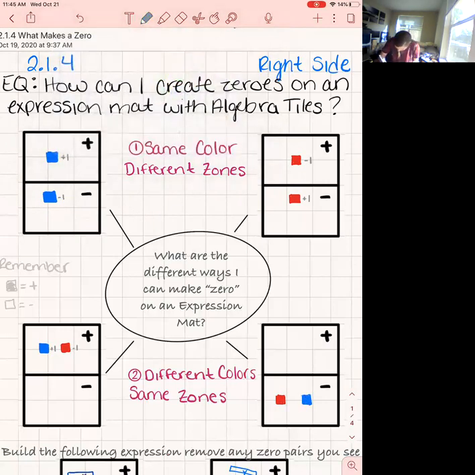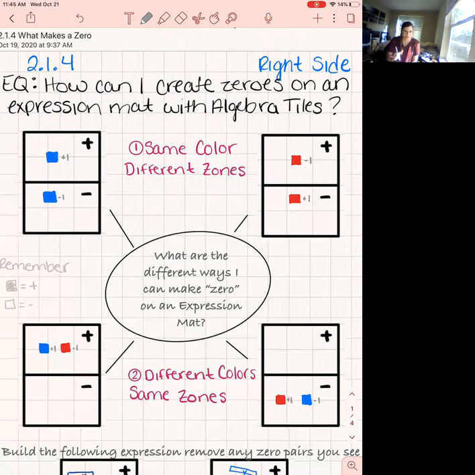So the red tile actually shows +1, because a negative tile in the opposite of zone is a +1, and the blue tile shows a -1 because a positive tile in the opposite of zone is a -1. Those will cancel. So if you ever see any pairs like this on an expression mat, you can cancel them.